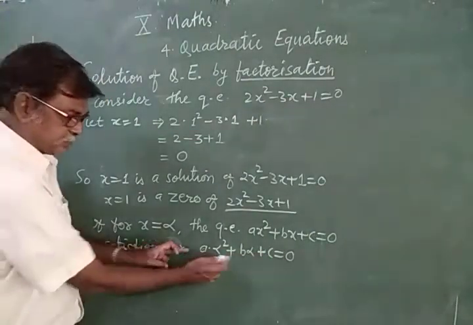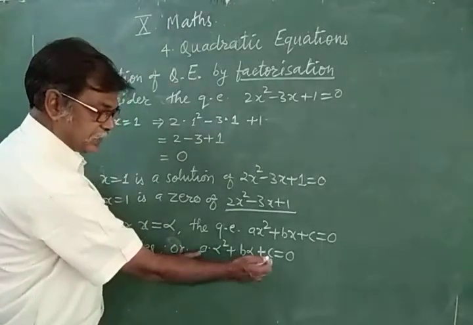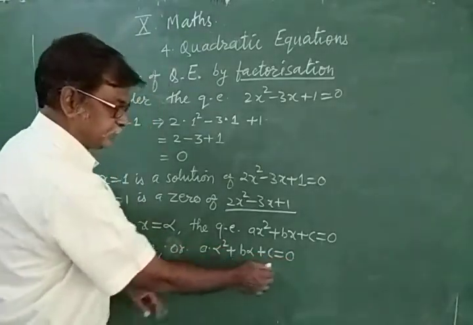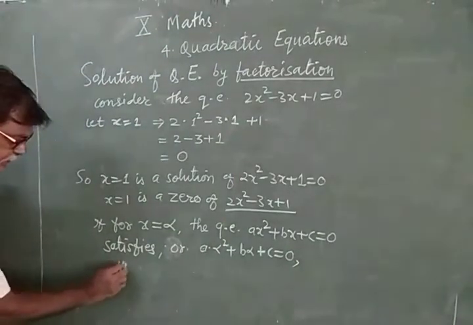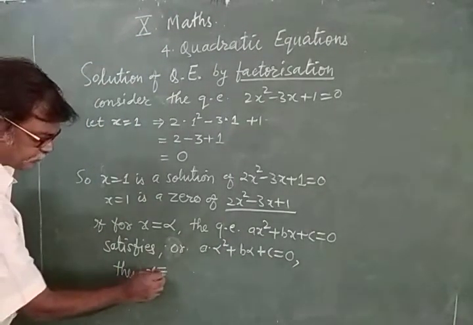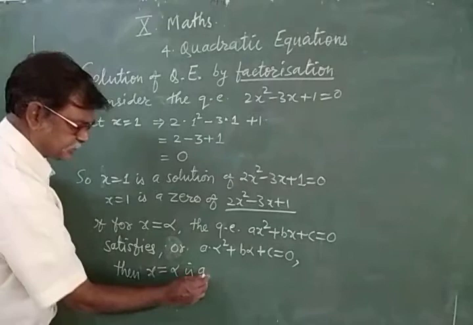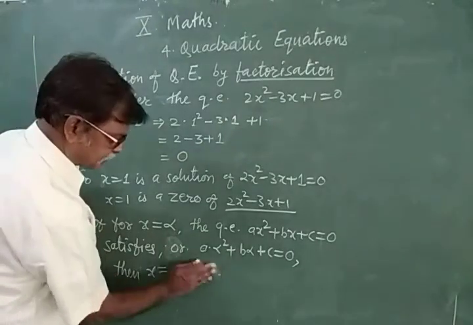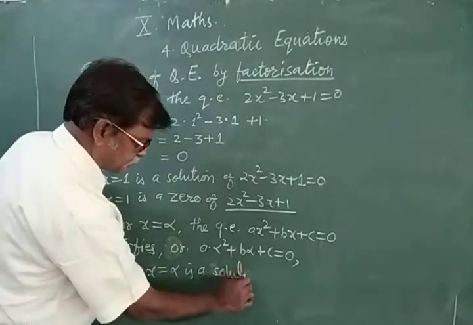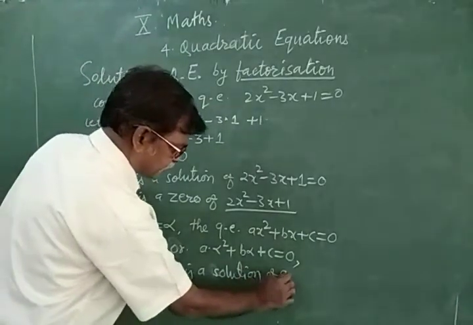This we can say. In this left hand side, if you substitute the value and the left hand side is equal to the right hand side, then we can say x is equal to alpha is a solution of the quadratic equation.